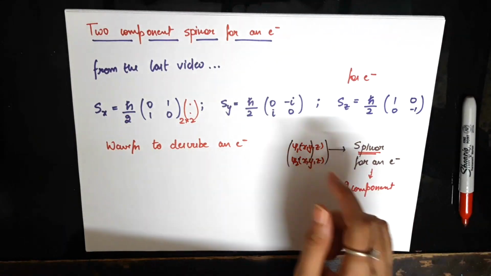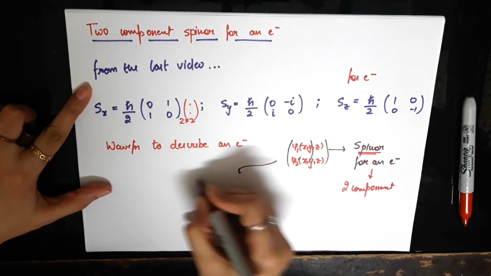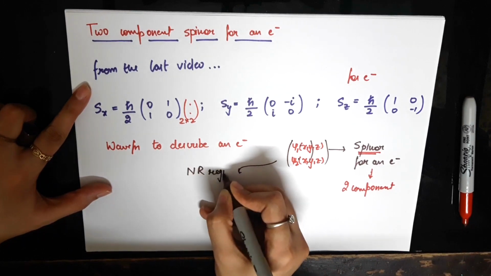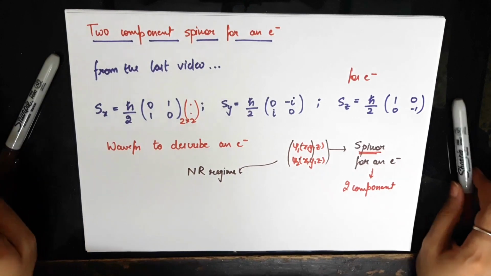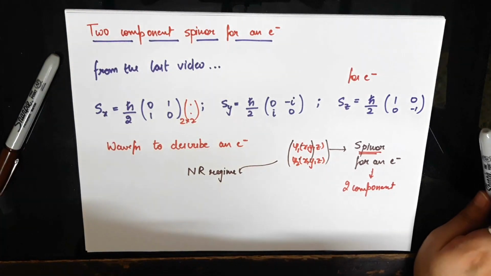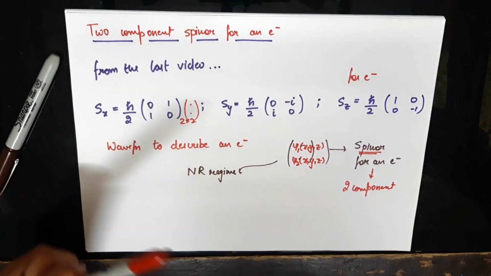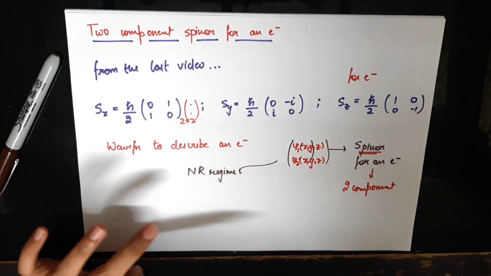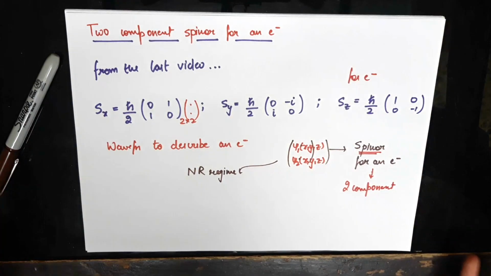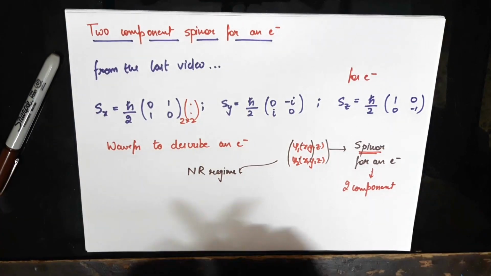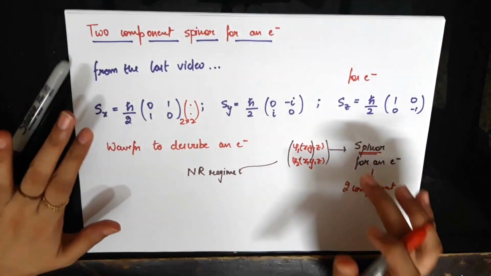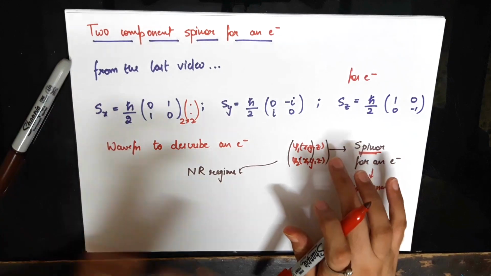If you are concerned with relativistic effects, then you describe your particle by a Dirac spinor, and that is a four-component spinor for an electron. But as far as non-relativistic effects are concerned, it's a two-component spinor, and this is the most general representation, whose entries are functions of x, y, and z.